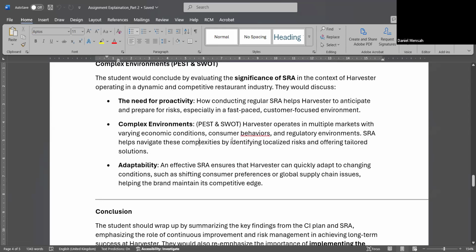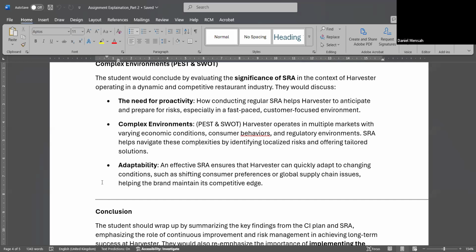Okay. Then adaptability, you will be mentioning that an effective SR ensures that Harvest can quickly adapt to changing conditions such as shifting consumer preferences or global supply chain issues, helping the brand maintain its competitive advantage.